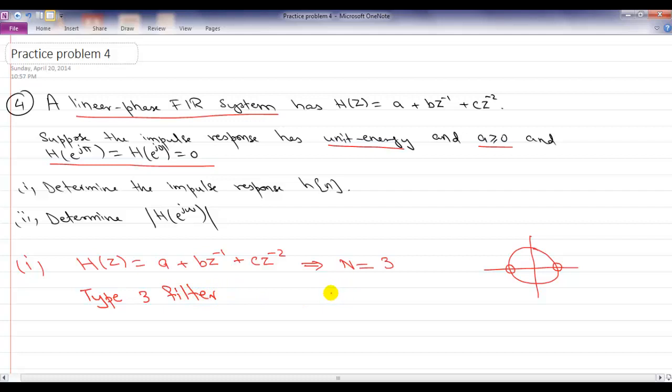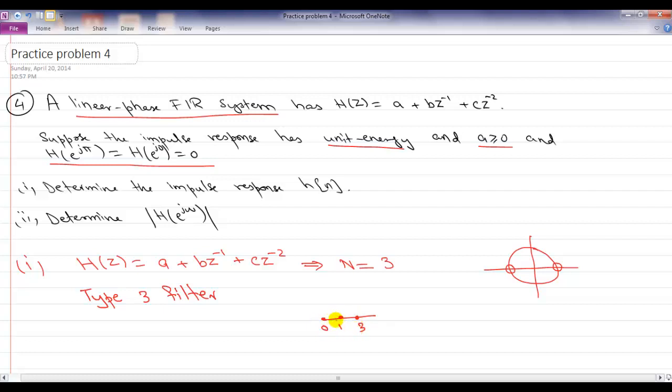If this is a type 3 filter, then we can now try to start unraveling the mystery of what should A, B, and C be. And a type 3 filter is anti-symmetric about the middle. So a type 3 filter will be at 0, 1, 2. This is length 3.